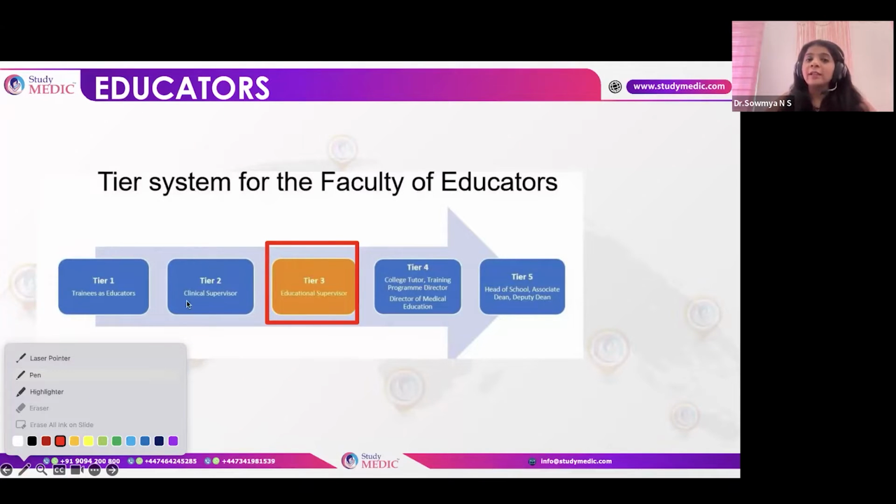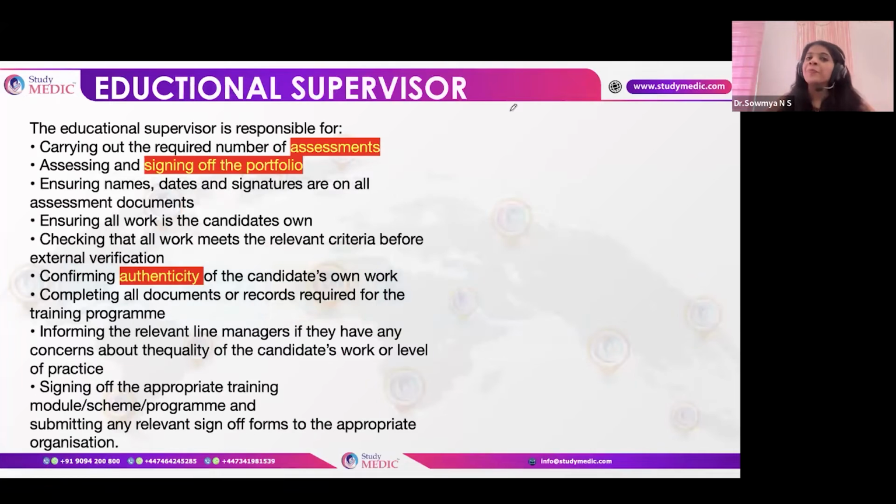Then you have the college tutor, TPDs, that's the training program director, director of medical education, then head of school, deanery. There are different levels, but the trainee is closely in touch with the educational supervisor. Coming to the most asked question for me, what are the different roles and responsibilities at different tiers? Let's talk about the educational supervisor.